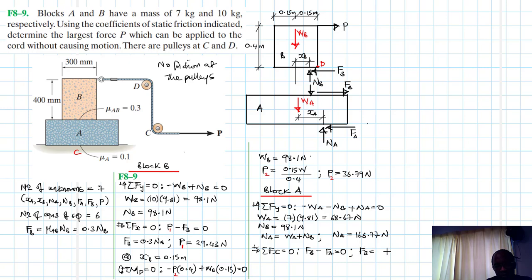FB is equal to 0.3 NB. And therefore our FA is just going to be equal to 0.3 by 98.1, and this gives us 29.43 newtons. Alright, there we go.